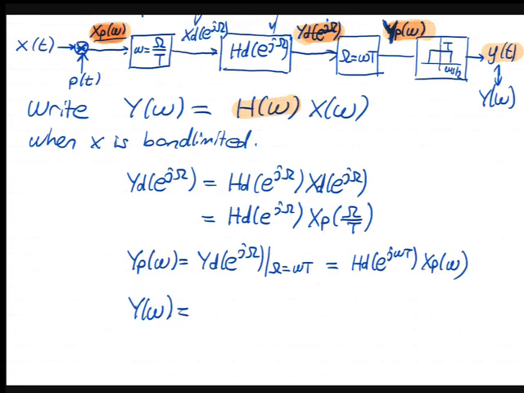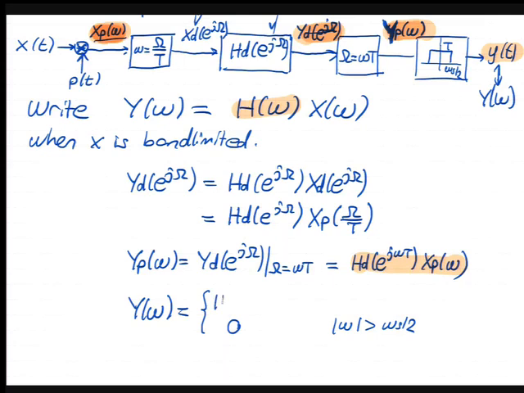It's a low-pass filter. So the easy part is when omega exceeds the cutoff, which is omega s over 2, it is 0, right? It will kill anything that comes after omega s over 2. Anything that comes before omega s over 2, it will pass. And that, of course, is this transform.